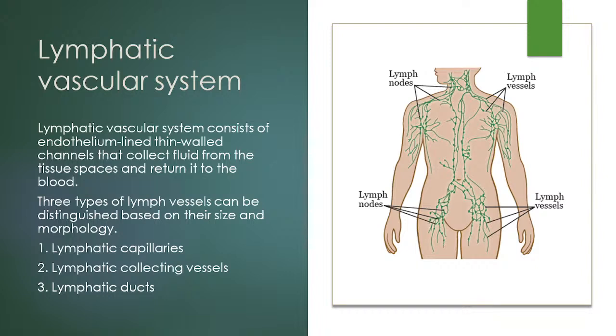The lymphatic vascular system consists of endothelium-lined, thin-walled channels that collect fluid from the tissue spaces and return it to the blood.